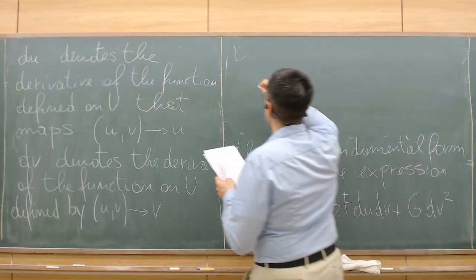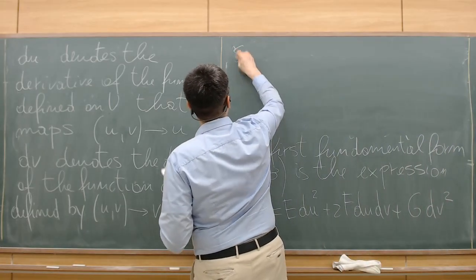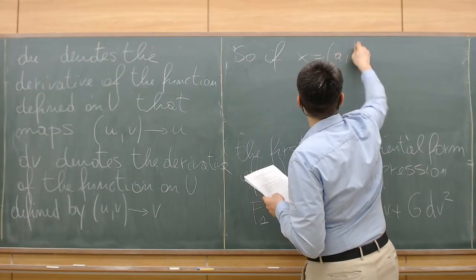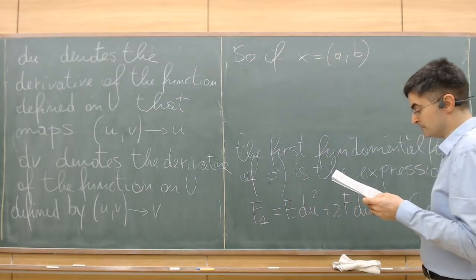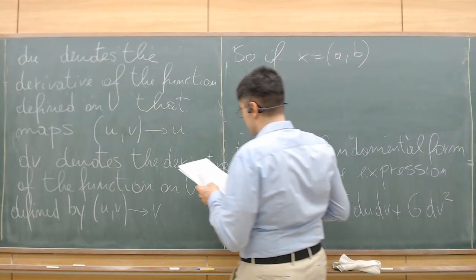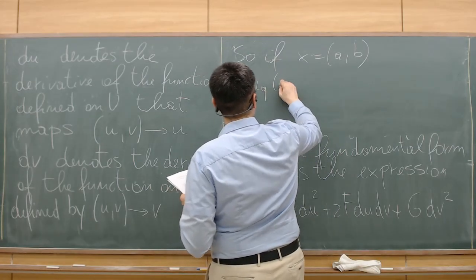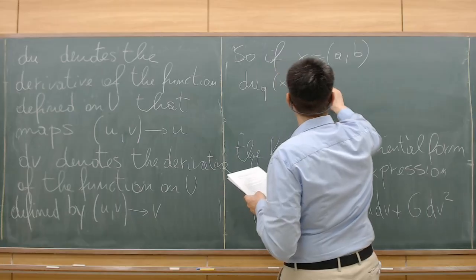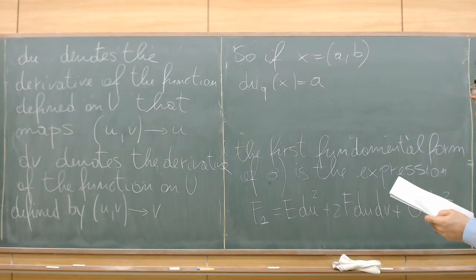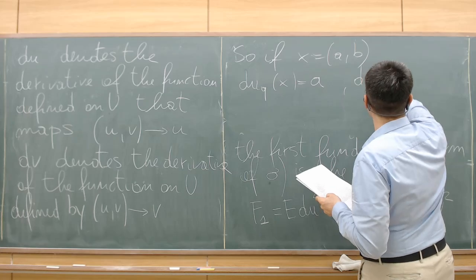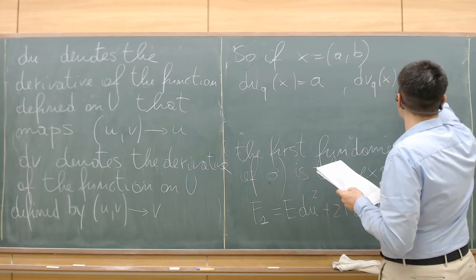So if X is a vector of components (a, b), then du q of X is a, and dv q of X is b.